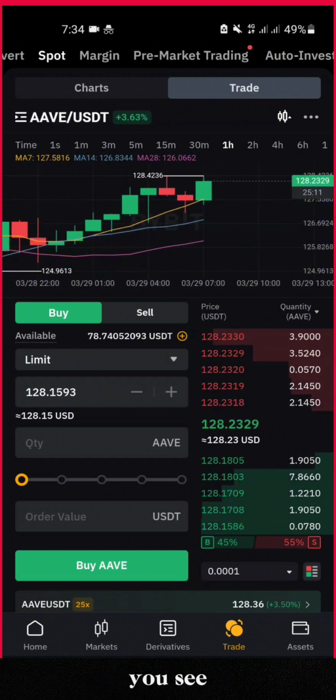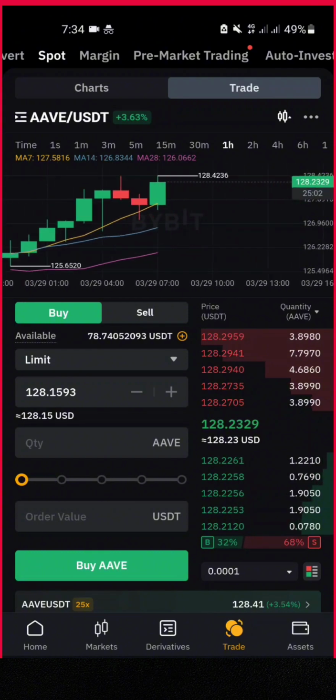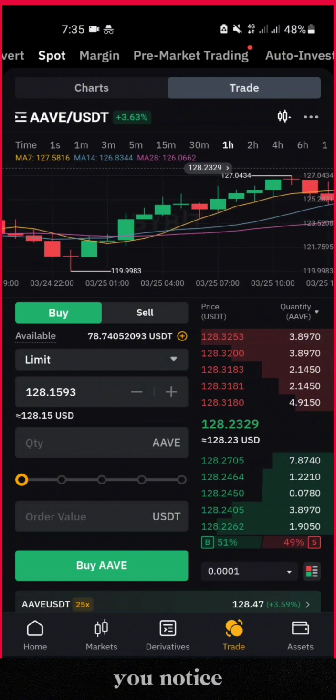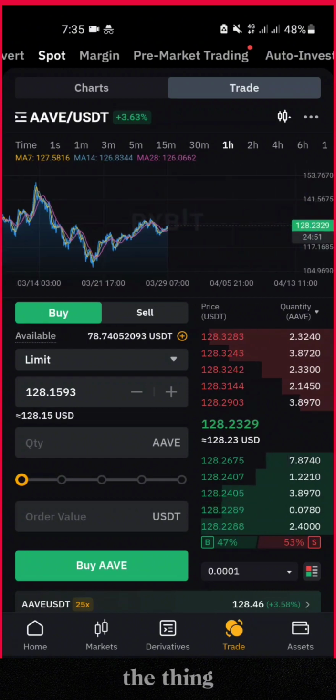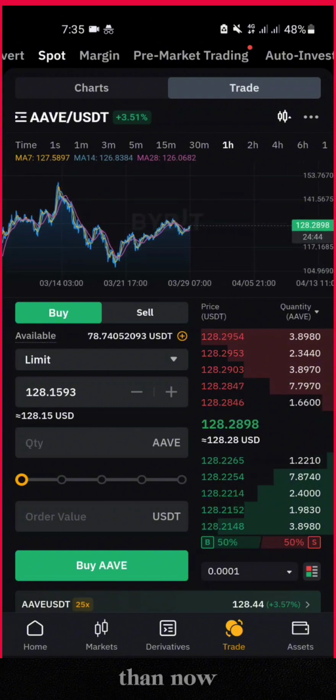Now if you see here, the price has been increasing over the past, and its price is still increasing. If I zoom out this chart, maybe you are seeing the price was higher than now in the past, and now it is decreasing.